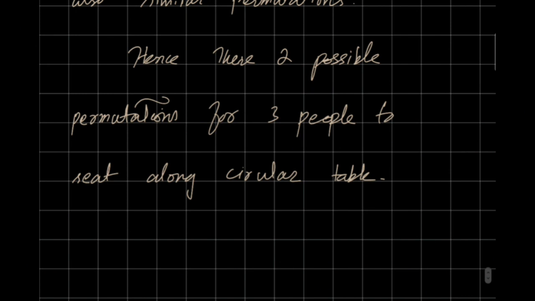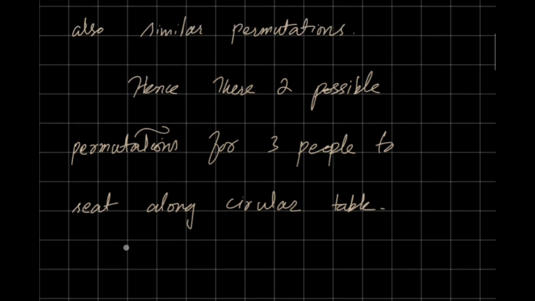Okay, so what is the connection of circular permutation with the simple permutation, in which we arrange objects in a row? Now I will write the formula.